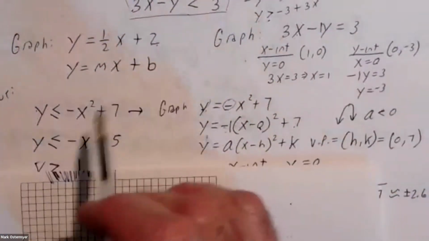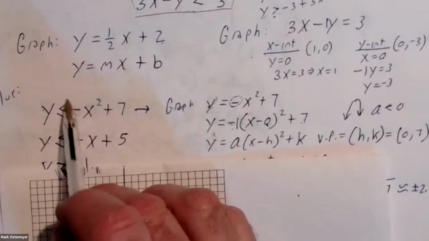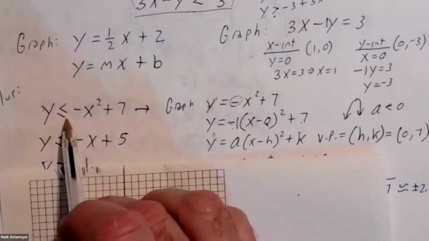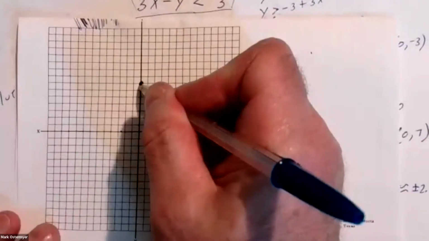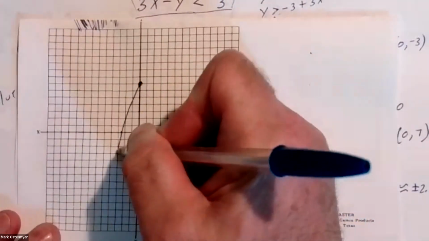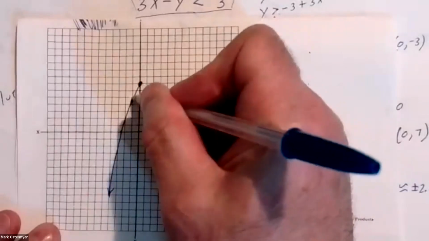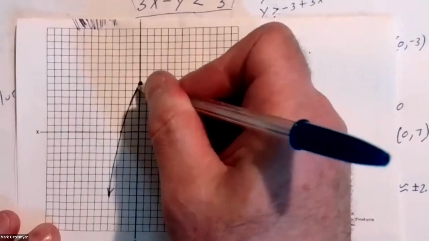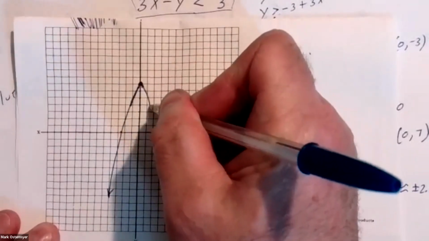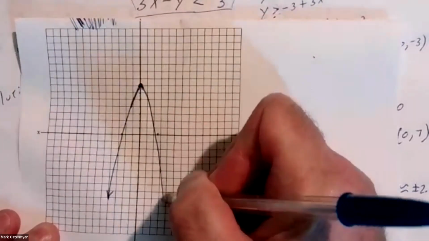Will this be a solid or a dashed boundary for this parabola? It's going to be a solid boundary, and this parabola is opening downwards. Should be a nice smooth turning point here, not a sharp kink, by the way. Okay, well, I'm a little off there.